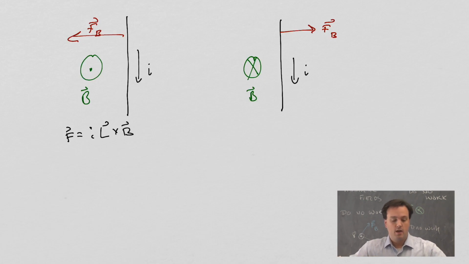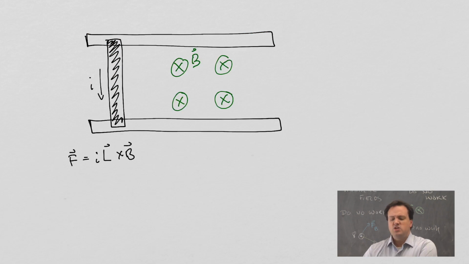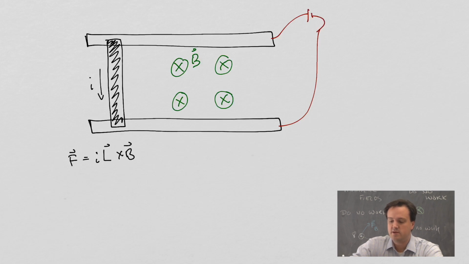Okay, let's do another example. So I have an interesting thing set up here where I have two long conducting rails, and I probably have to connect these two rails to some sort of battery over here so that I can maintain a potential difference across them.